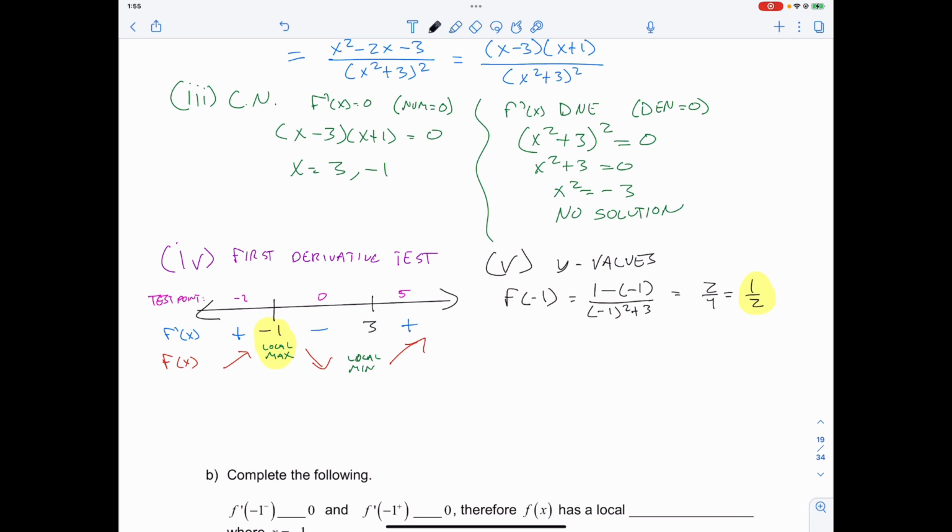If I use the second possibility, f of 3 is equal to 1 minus 3 over 3 squared plus 3, and that's going to give me negative 2 over 12, or negative 1 over 6. And lo and behold, I get my local min.